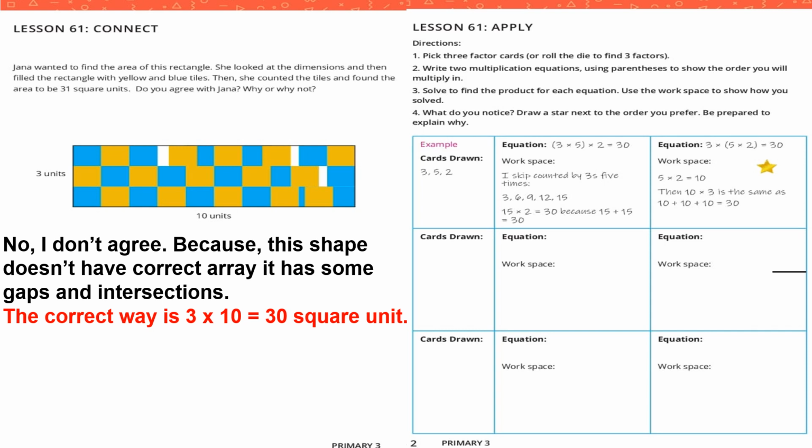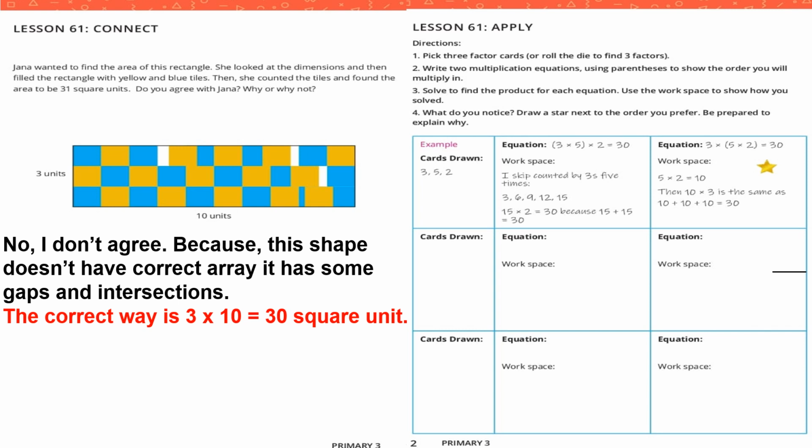We know that we have 10 units on the long side, and on the short side we have 3 units. How to find the area without counting? We can multiply rows by columns, or the long side, which is length, by width.